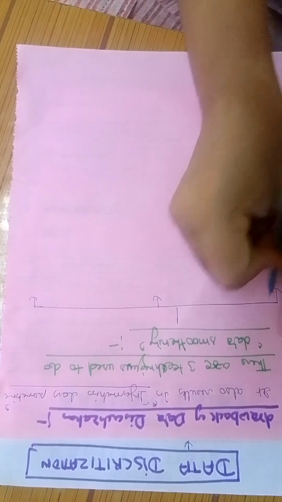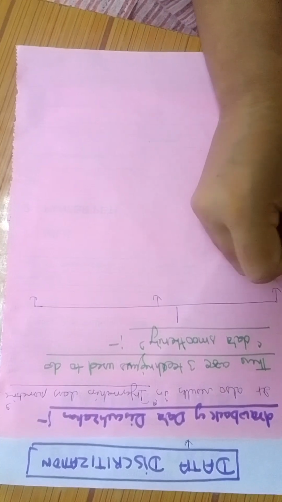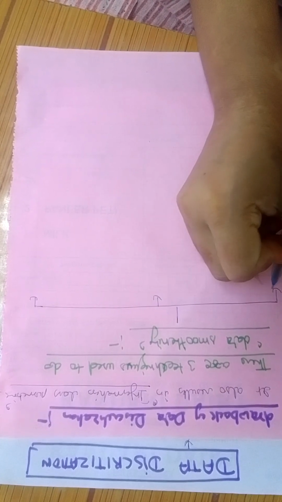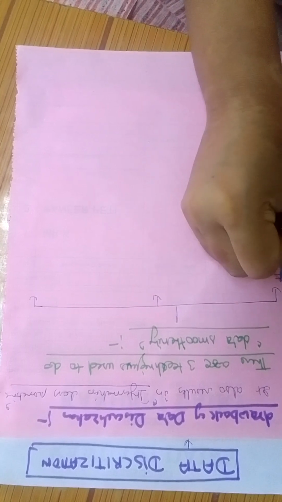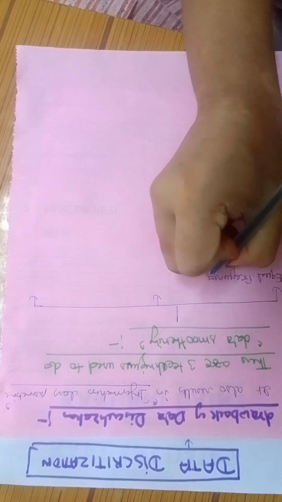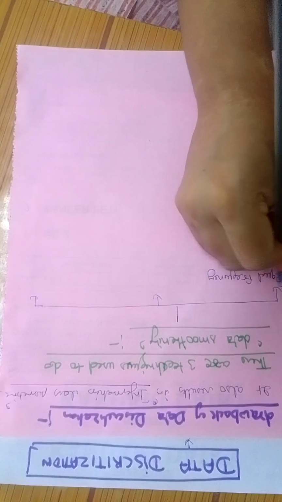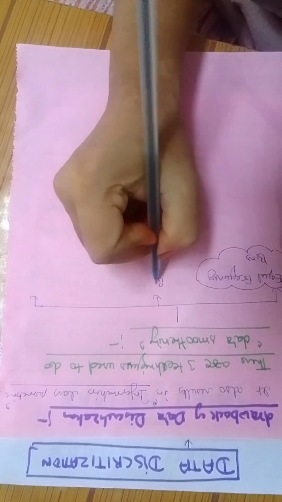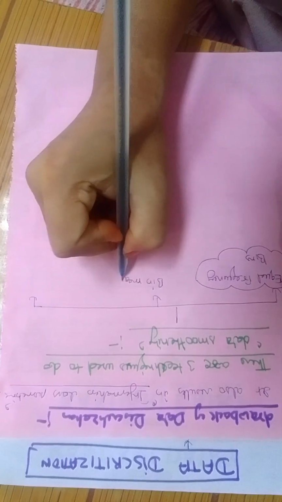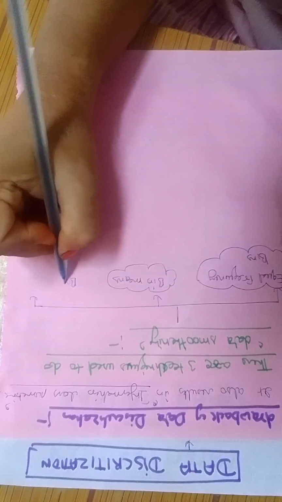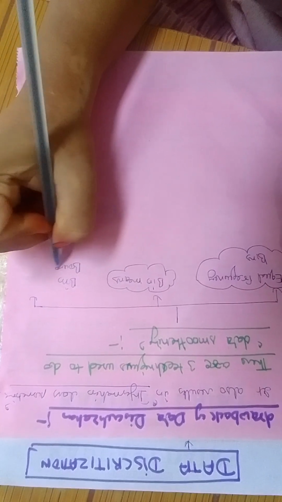Number 1, equal frequency bins. Number 3, bin means. Number 4, bin boundaries.